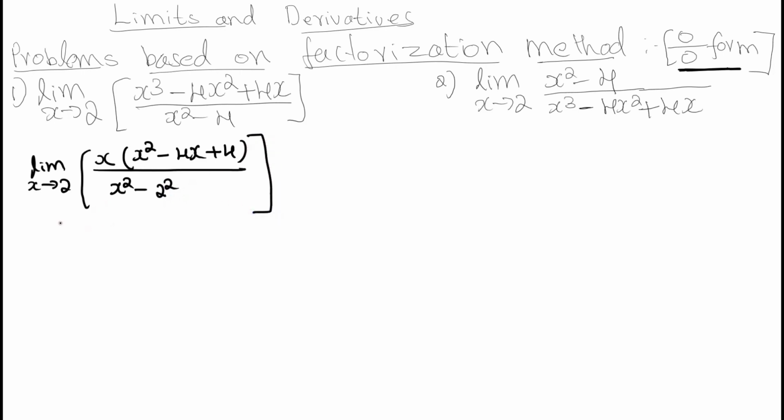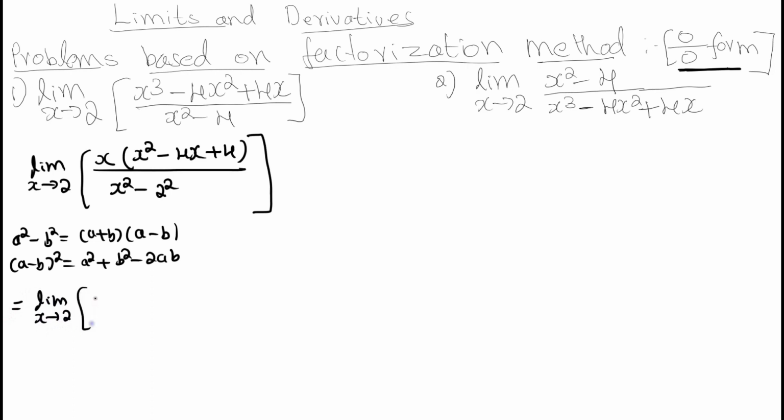Now see, we have the formula a square minus b square is equal to a plus b into a minus b, and a minus b whole square is equal to a square plus b square minus 2ab. By observing these two formulas, the given question can be written as limit x tending to 2 of x into x square minus 4x plus 4, which is nothing but x minus 2 whole square.